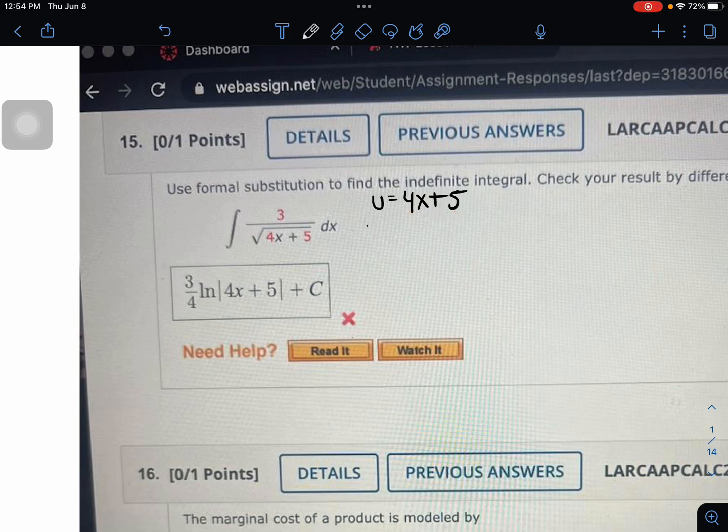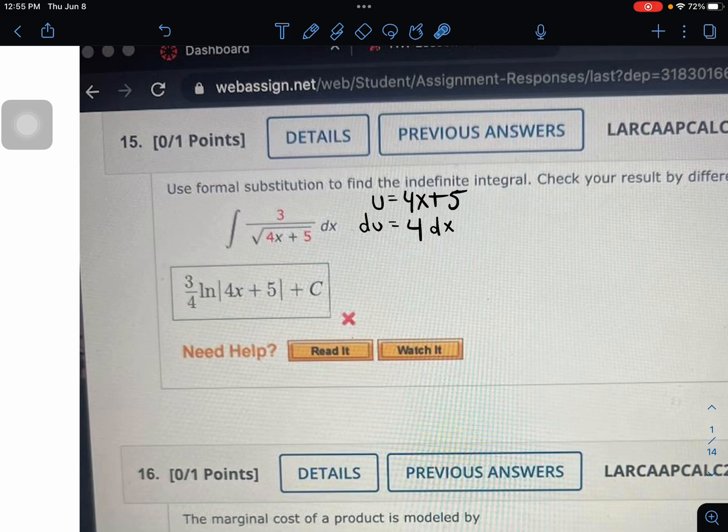Then I'm going to find du by taking the derivative of 4x plus 5. The derivative of 4x plus 5 is just 4. And then I have at the end dx. Okay? So once you have your u, you find du, which is the derivative of your function, which is 4, and at the end you have a dx.